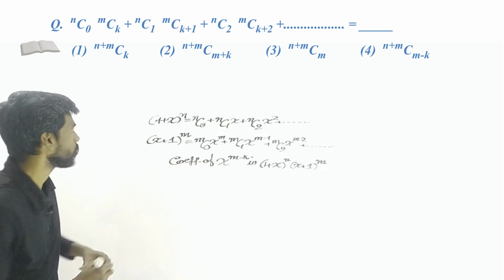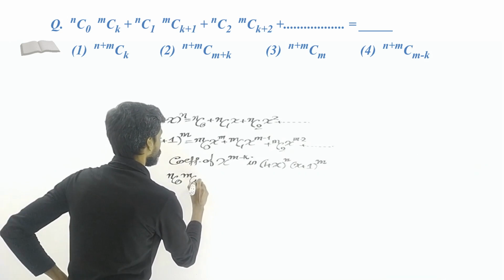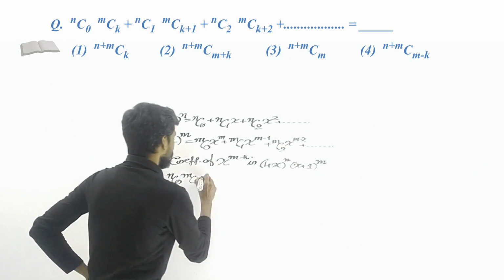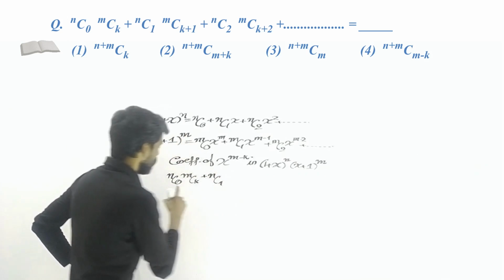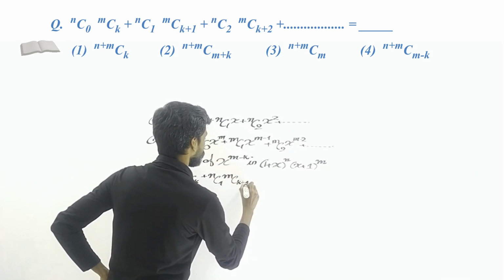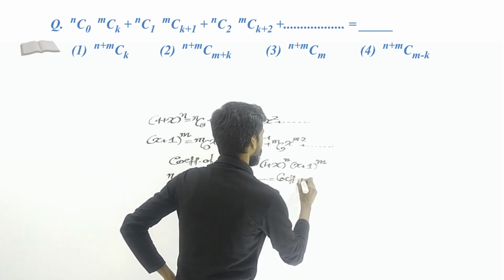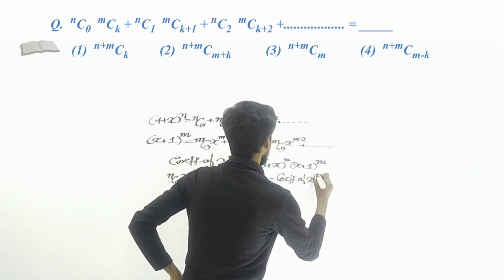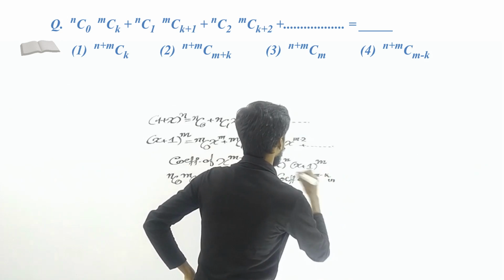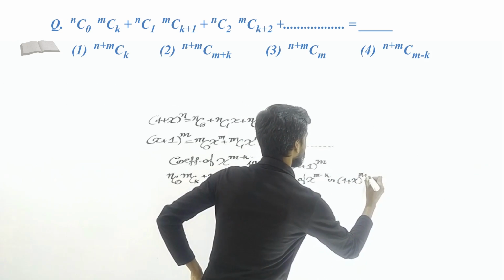Alright, yes. So write it. NC0, MCk is the first term containing x to the power m minus k. Similarly, the next one will be NC1, MCk plus 1. So that equals the coefficient of x to the power m minus k in this expansion, 1 plus x to the power n plus m.